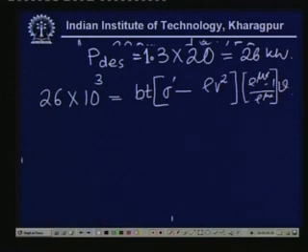Now the question comes, this is the belt thickness and belt width. This value of sigma dash, what is that sigma dash?